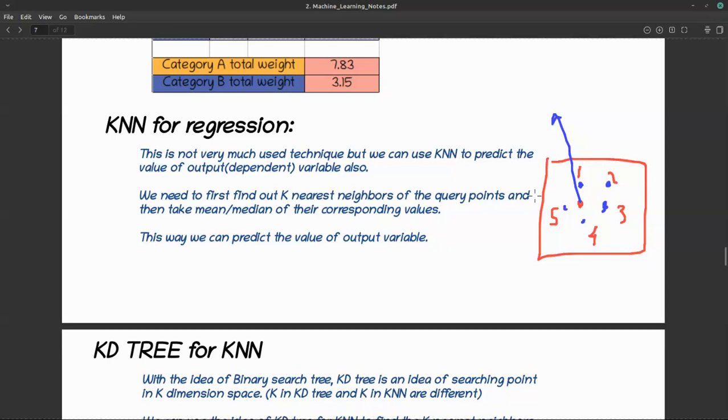Regression is if you want to calculate some real value, or you can say the value of your output or dependent variable, right? Income, what would be the age, what is the age of the person if you want to calculate, or how many hours he or she will spend on my website, any kind of entity that belongs to R, or the real value basically. So it's nothing but the regression.